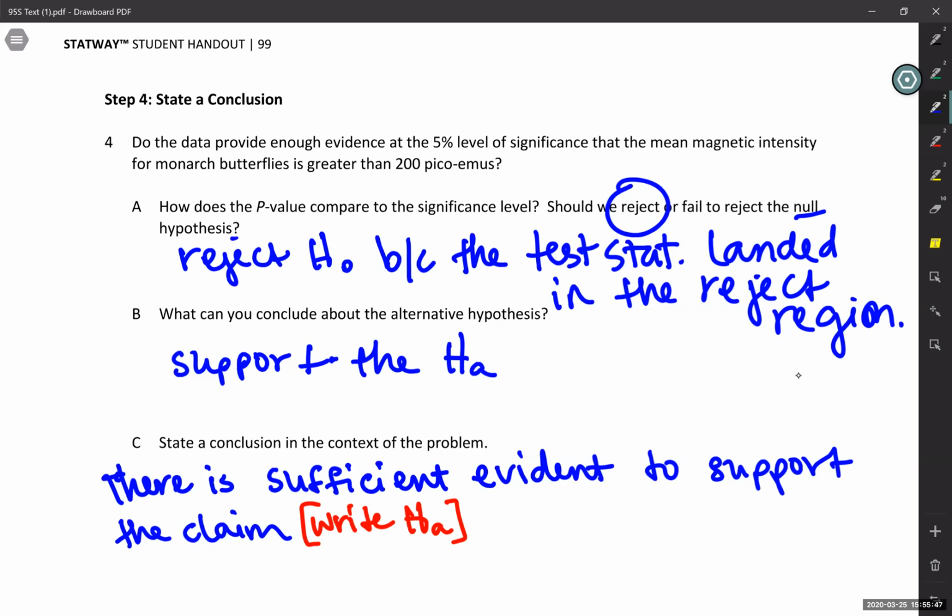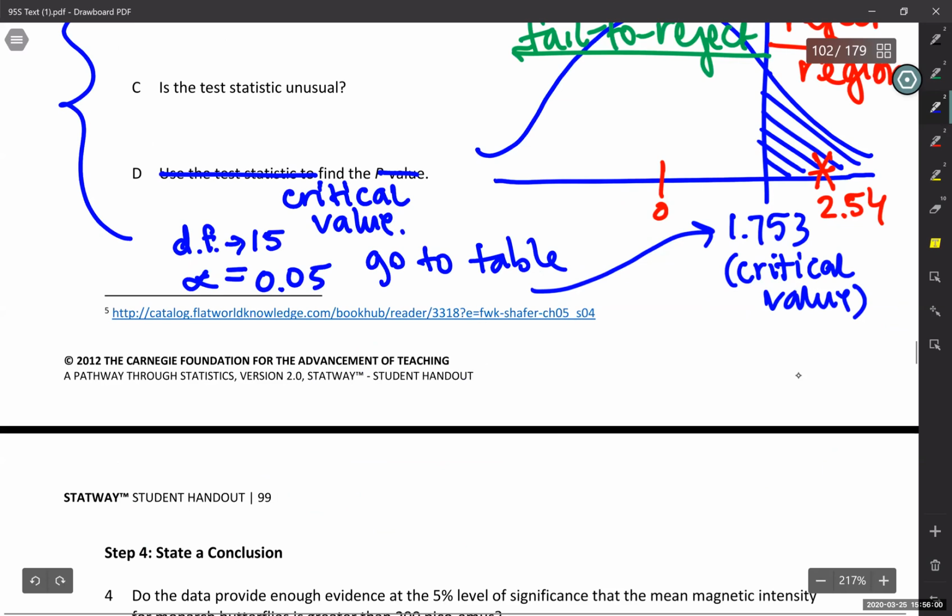You would just literally write the alternative, which is what we're going to do now. And the alternative, I forgot, was greater than 200, but there were some units in there that I didn't write down.